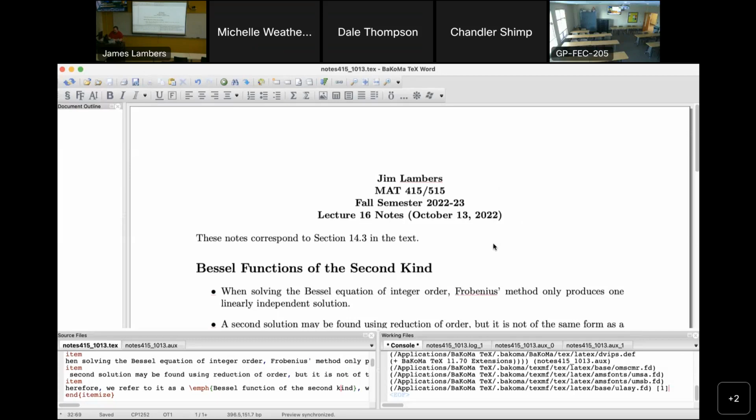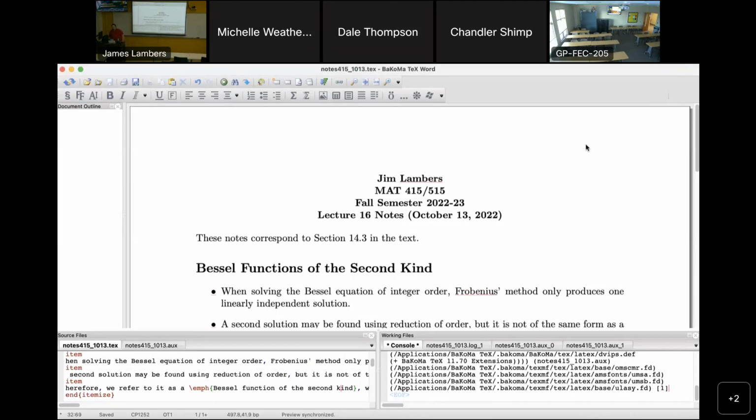Now, we've dealt some with Bessel equation previously. So what have we found? That if you have a Bessel equation of a non-integer order, then Frobenius' method gives you two linearly independent solutions.